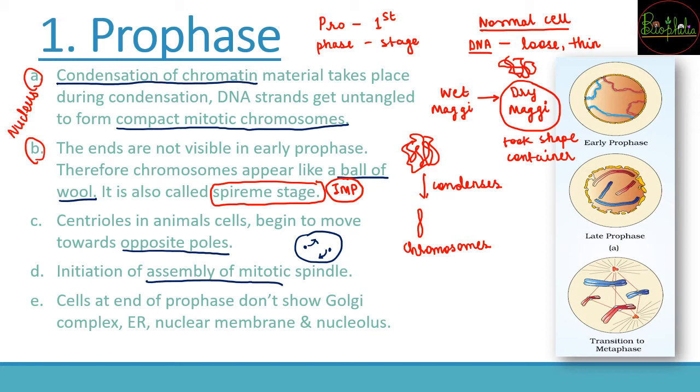Then finally the last event that occurs under the prophase, that is going to be when the prophase is at the late stage, that is end of prophase, you will not see the Golgi complex, यानी organelles disappear होना शुरू होंगे, so that there is a lot more space, so that the जो न्यूक्लियस है, न्यूक्लियस एक कोने में होगा.